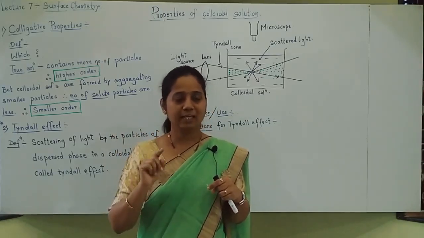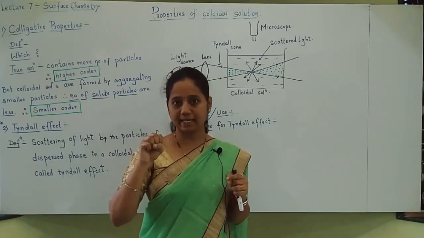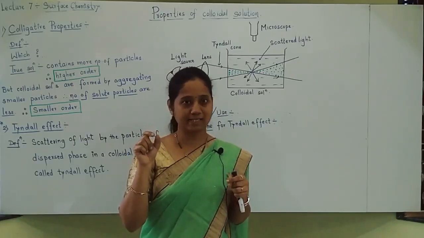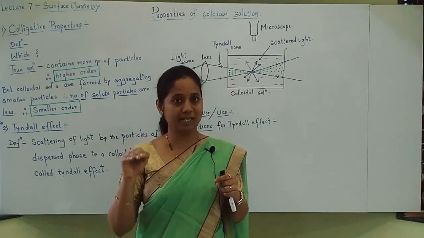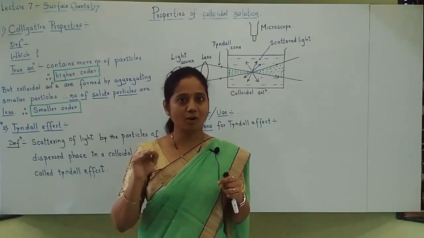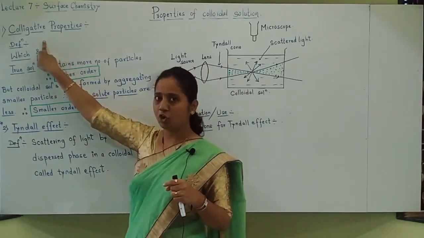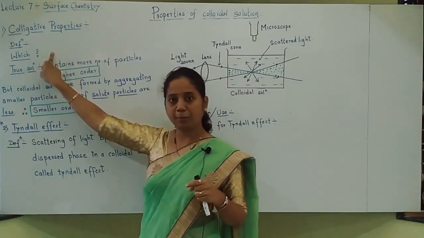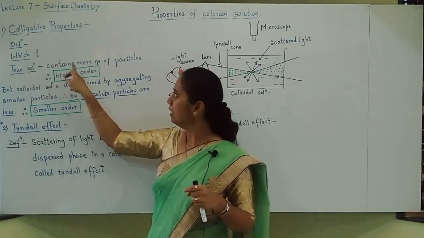Understood well? In colloidal solutions, particles aggregate to become large size particles, and that's why the number of colloidal particles will be less. So colligative properties will be of smaller order. That is what I have written here. What happens in true solution?